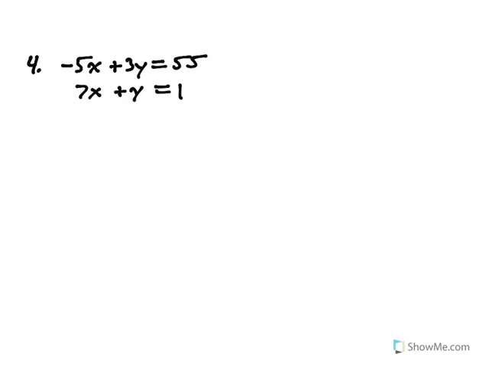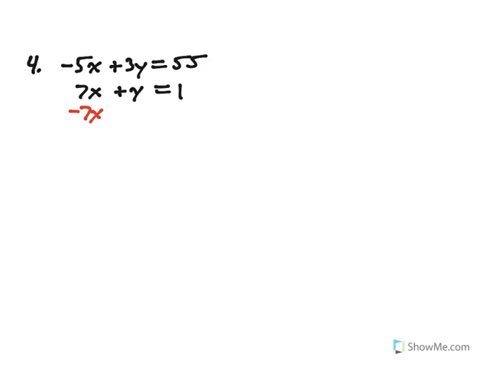Now we're going to choose a variable that we're going to eliminate, and I can clearly see that the y is going to be the easiest to work with. Okay. Actually, the second equation we're going to solve for y, because all we're going to do is move that 7x over.